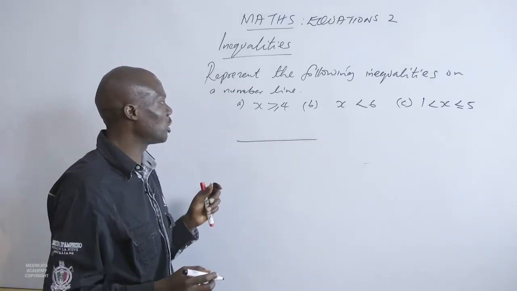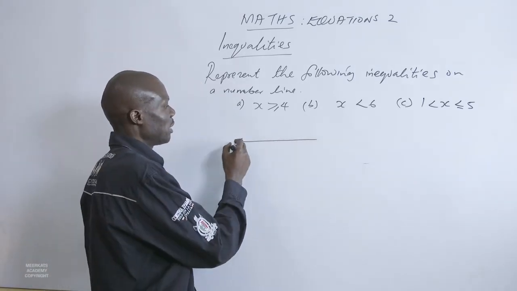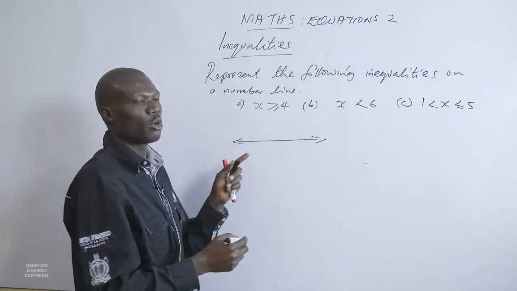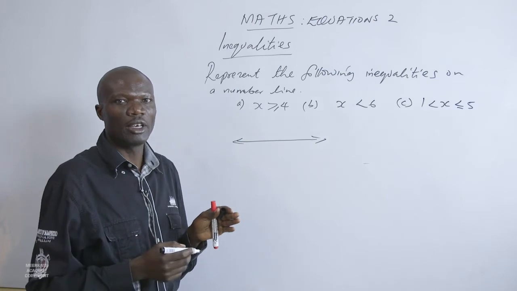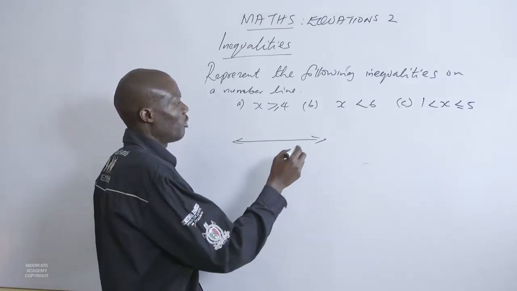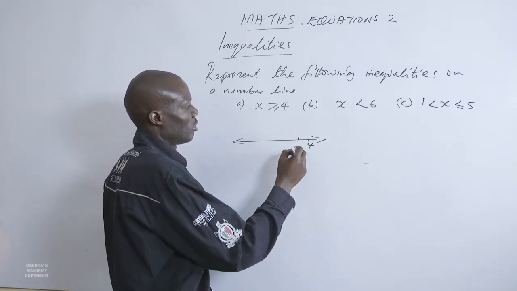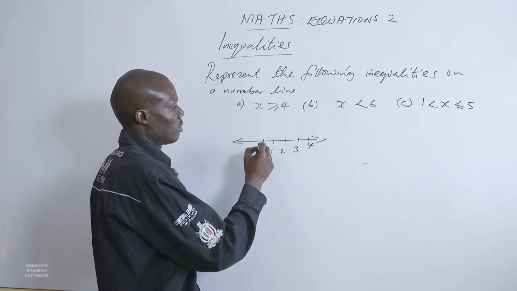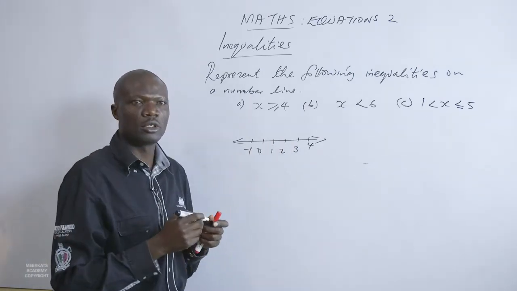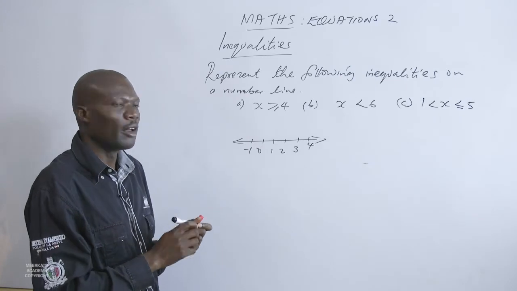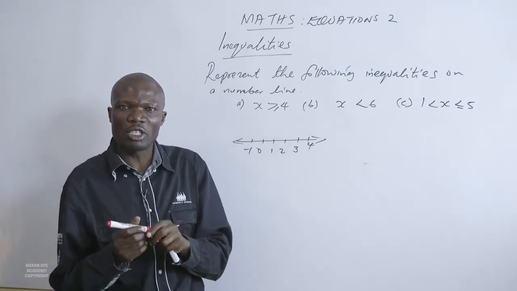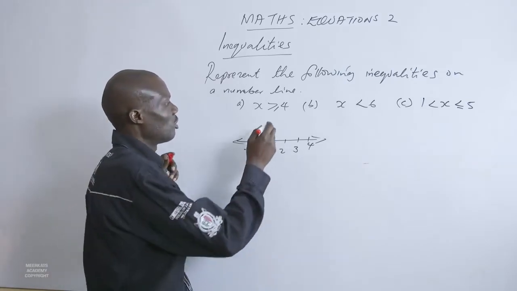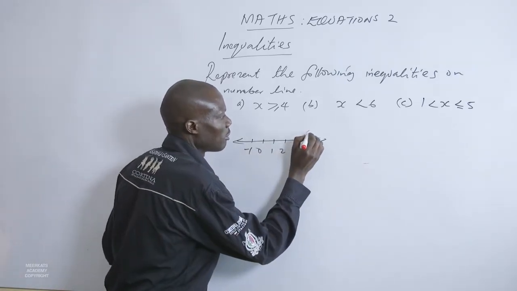So for the first question, remember the number line is endless. We want to represent the information that x is greater than or equal to 4. So for this case, look at 4. If we have equal to or greater than, then the circle is supposed to be closed. So go to 4 and close the circle.